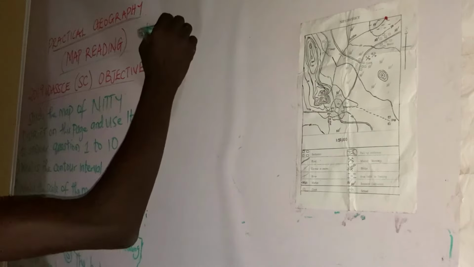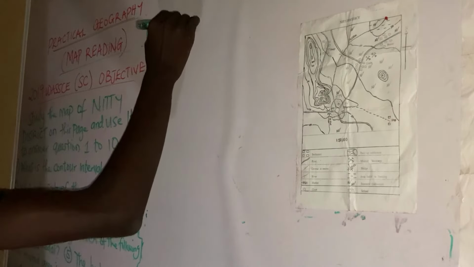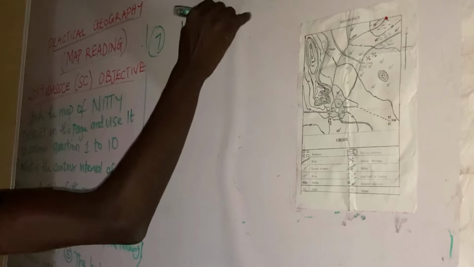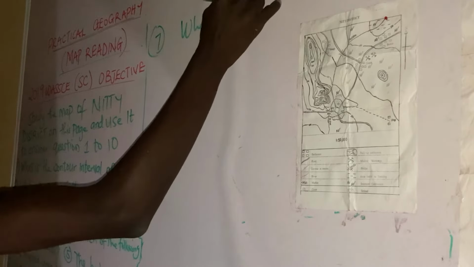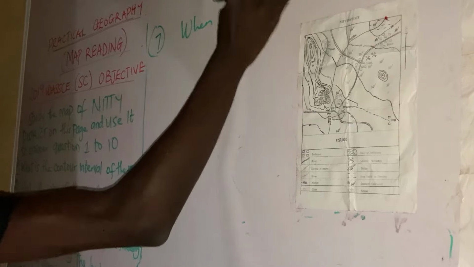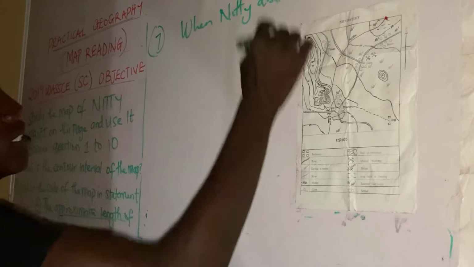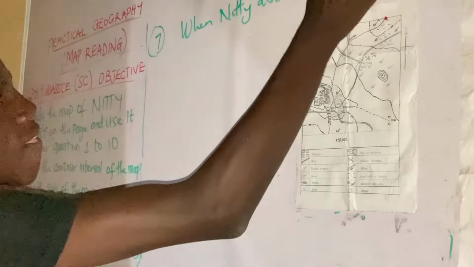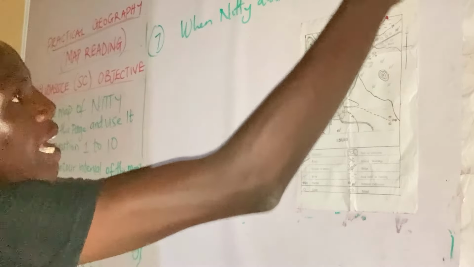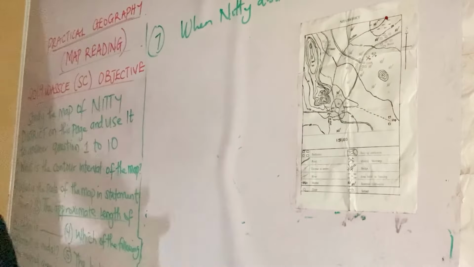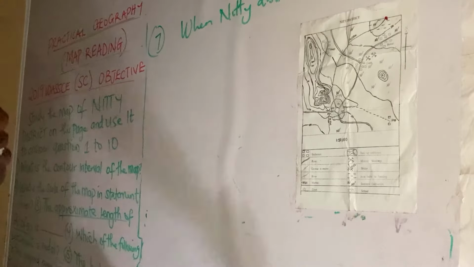Now, when Niti district is reduced by half, what will be the new scale? The new scale is what?